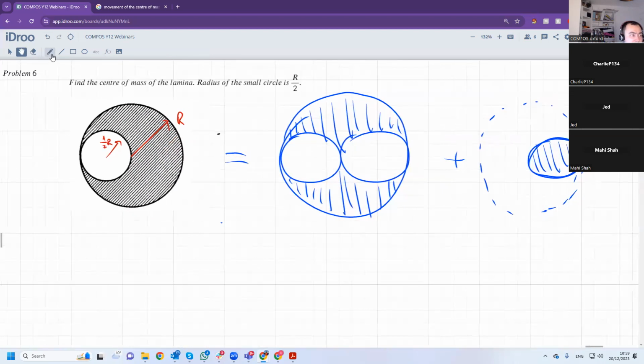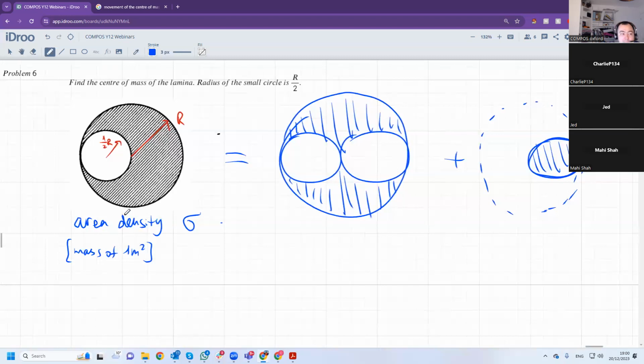We have something that is called the area density. We usually call it sigma. What is it? Area density is the mass of 1 square meter of the sheet of metal.